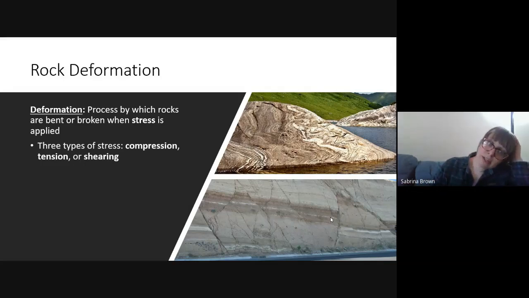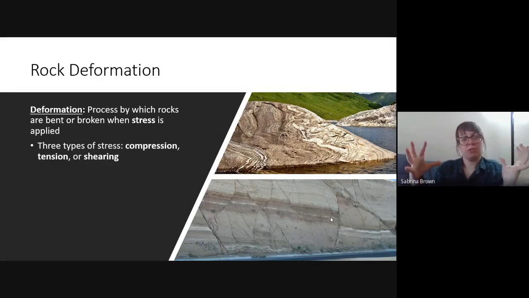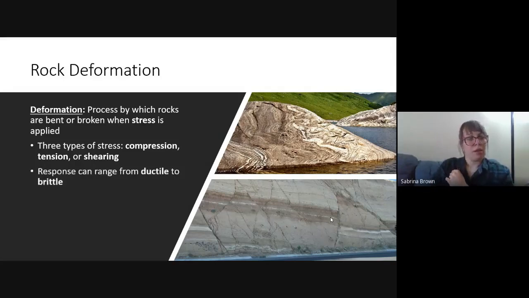There are three main types of stress. We have compression. Compression is stress moving towards, right? Tension is stress pulling away, and shearing is movement sort of sliding next to each other. And when we apply those three types of stress, the rock is going to respond in a certain way.